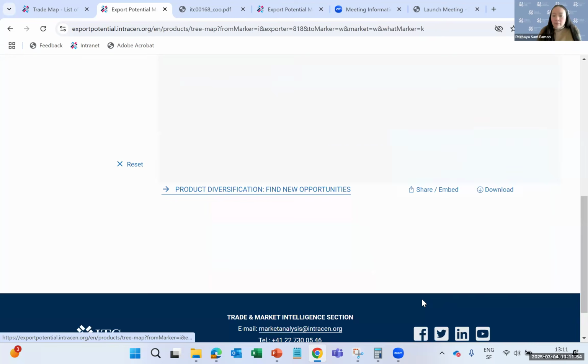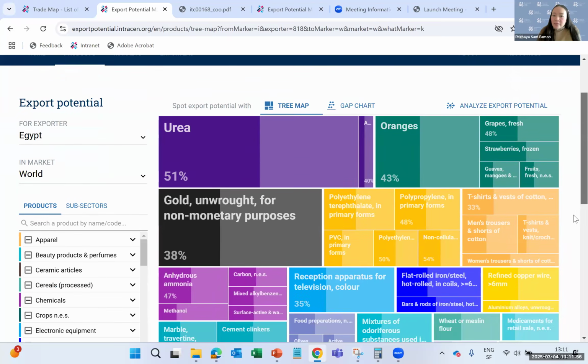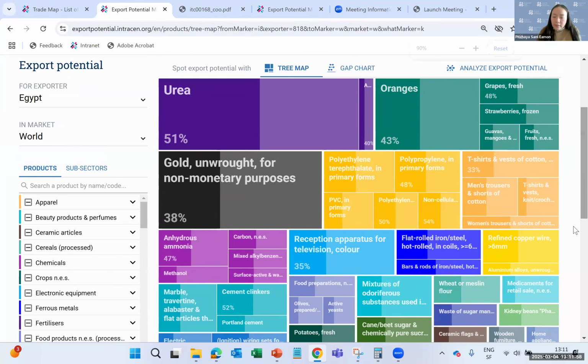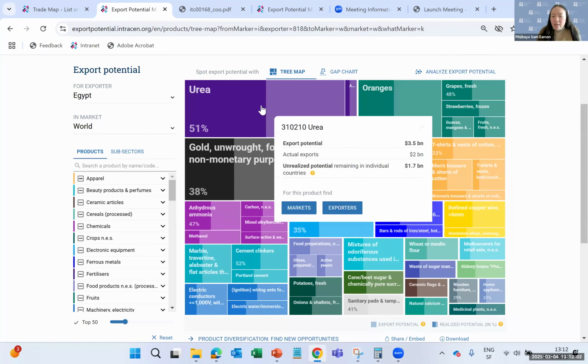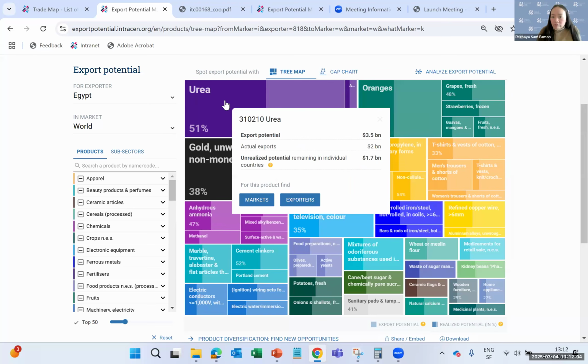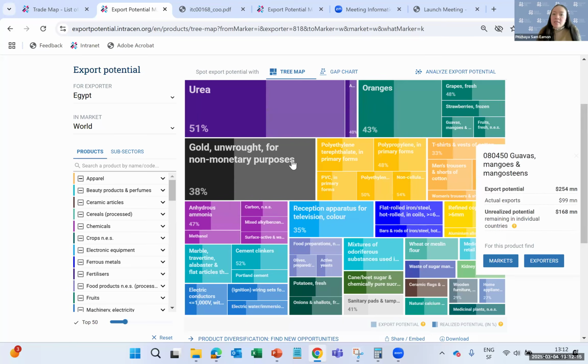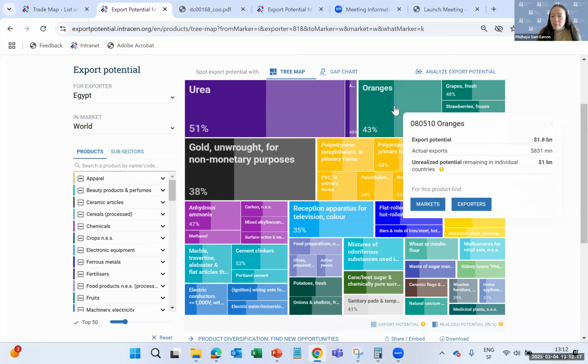You can click on products and it will provide you this kind of chart. You will see that the product with the greatest export potential is urea. You have the export potential of 3.5, actual export of 2, and then unrealized export potential of 1.7 billion US dollars. This is followed by gold, followed by oranges, etc.